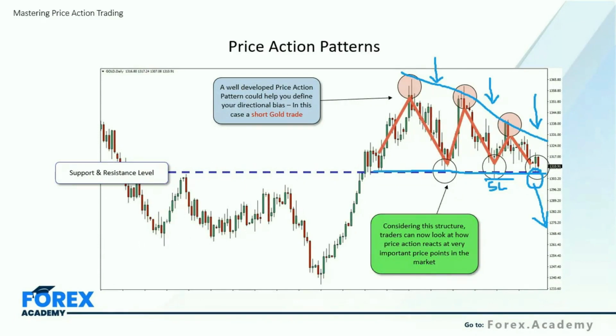So this is an isolated example in terms of how a trader can use their understanding of price action and the patterns which exist in these markets to formulate a trade plan for a market such as this gold trade.